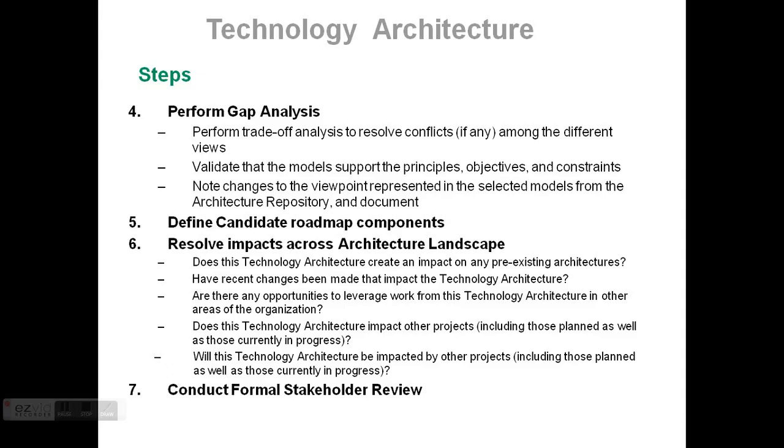And finally, step 7, we're looking at conducting formal stakeholder reviews. We need to check the original motivation for the architectural project and the statement of architectural work that we had in the beginning against the proposed technology architecture, asking if it is fit for the purpose of supporting subsequent work in other architecture domains.